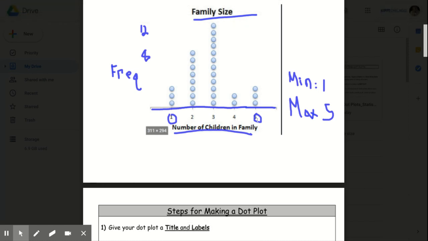So my minimum and maximum are 1 and 5. My skip count means that I'm going to skip by ones. I'm going to look at families with 1 child, 2 kids, 3 kids, 4 kids, 5 kids. So I'm skip counting by ones. My intervals will be by ones: 1, 2, 3, 4, all the way up to 5.